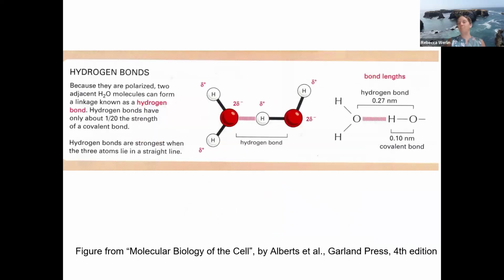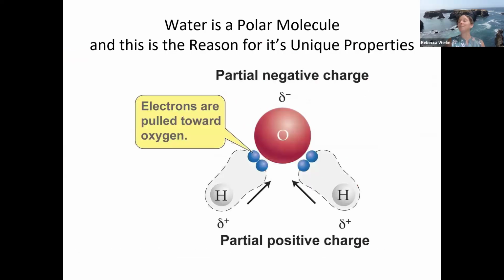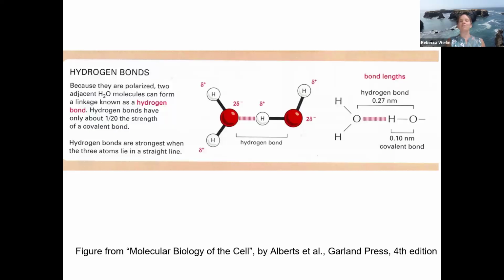So, hydrogen bonds. Now, opposites attract. And so if you have a partial positive charge on hydrogen, and then you have a partial negative charge somewhere else, those partial charges, positive and negative, are going to attract one another. And so when you look at hydrogen bonds, I have a very specific definition of hydrogen bonds.